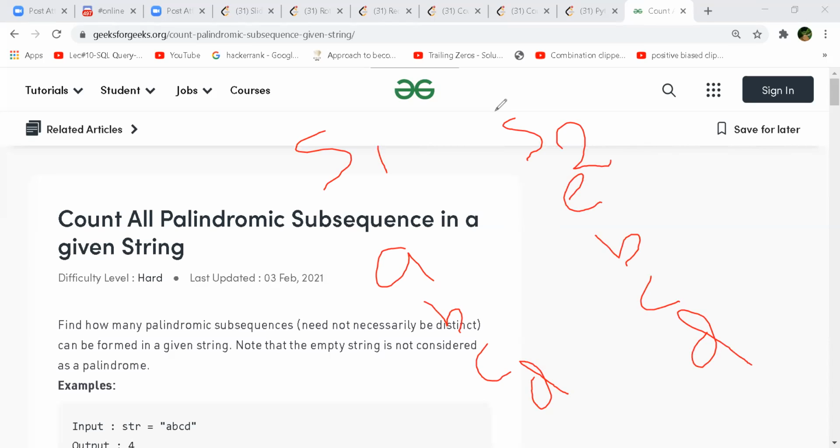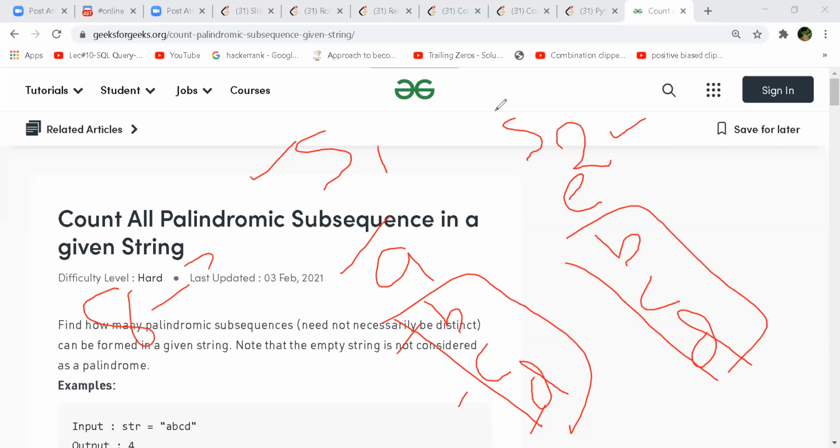Now, if they ask me the total number of palindromes out of it, which shouldn't be repeated also, how many will it be? So I'll sum up this plus these two, right? So 4 plus 4, 8. And I'll subtract those which are common in both of them, that is S1 intersection S2, minus 3. It will be 5, which is like 4 from here and 1 from here.